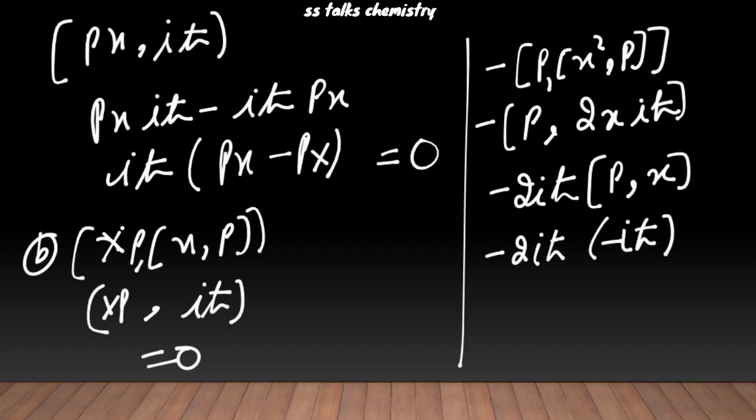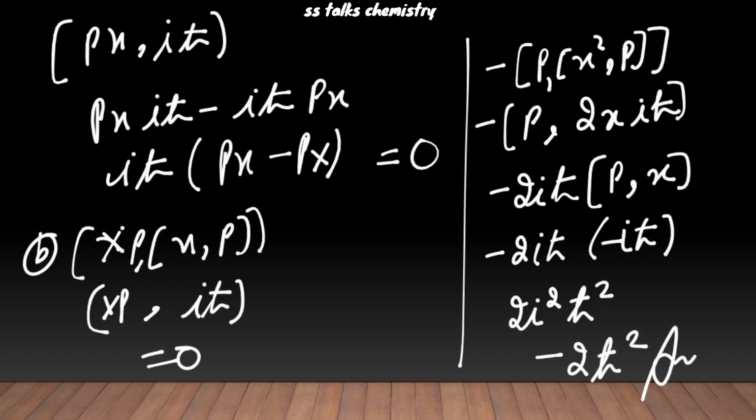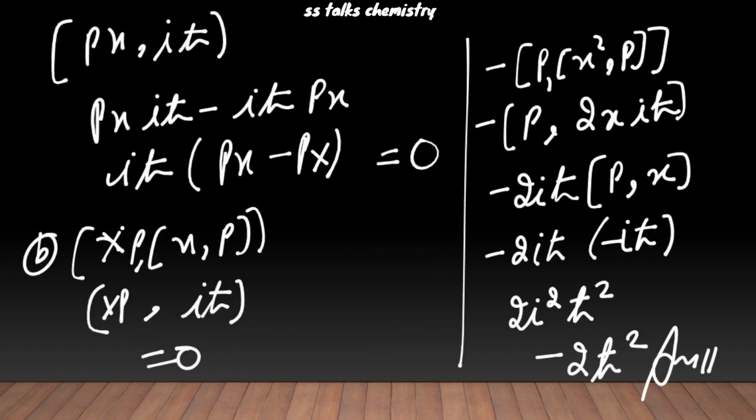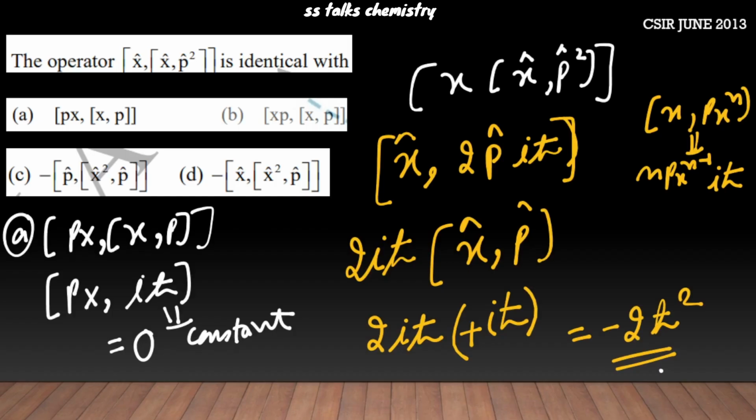So minus minus becomes plus. So 2 iota squared into h cut square, that is minus 2 h cut square only. So this value we are getting. You can see the desired one was also minus 2 h cut square, and for this commutator also we have got the same answer. So that means the correct answer is option C in this case, because this is giving me the exact value of the above one.